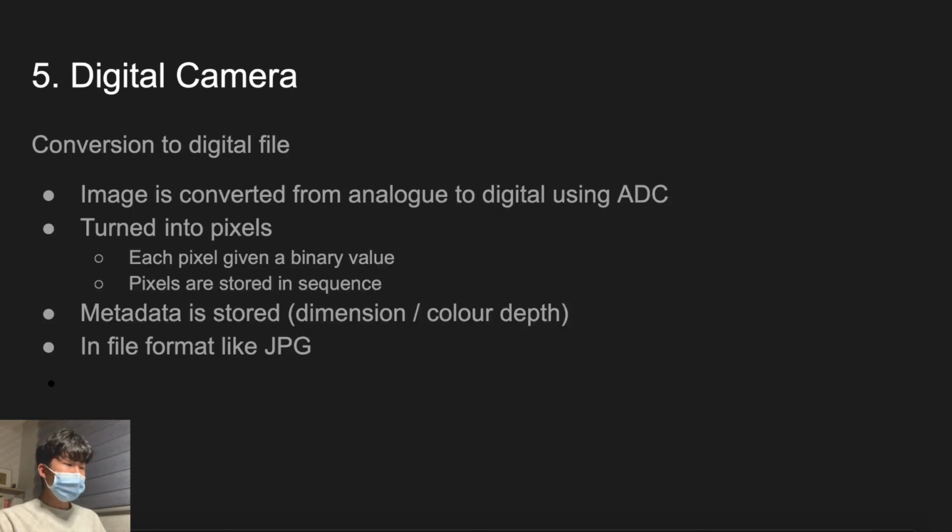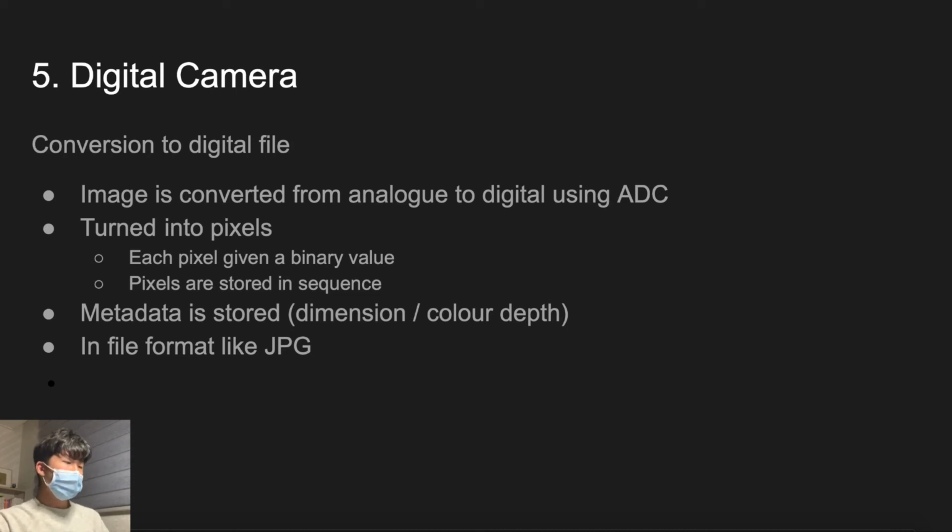So the captured image is converted from analog to digital data using an ADC, and it is turned into pixels. Each pixel is given a binary value, and the pixels are stored in sequence, and in the file, metadata is also stored.